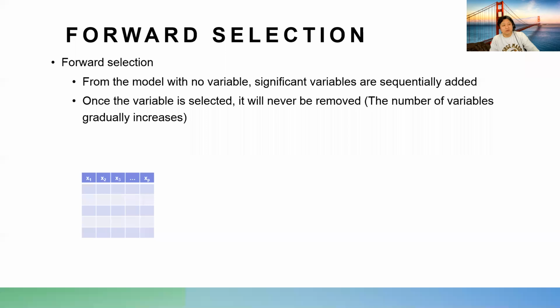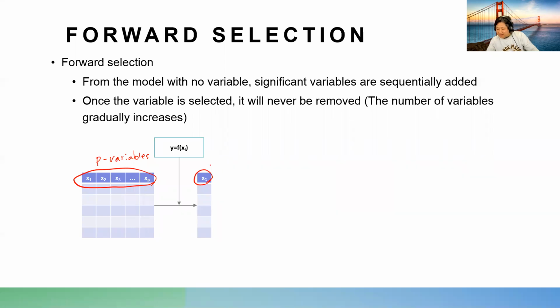For the forward selection method, we start from no variables, okay? From the model with no variables, and significant variables are sequentially added. So let's say we have p variables, okay? And then we test every single variable and select the most significant variable, okay?